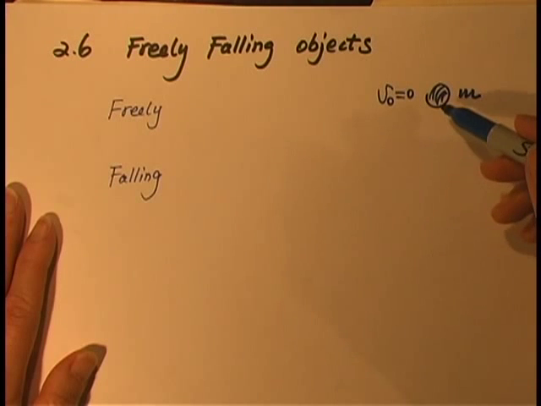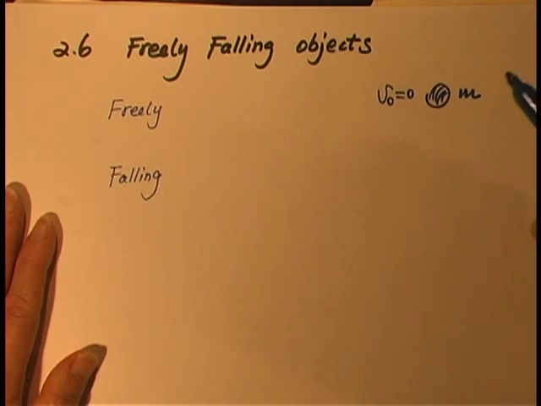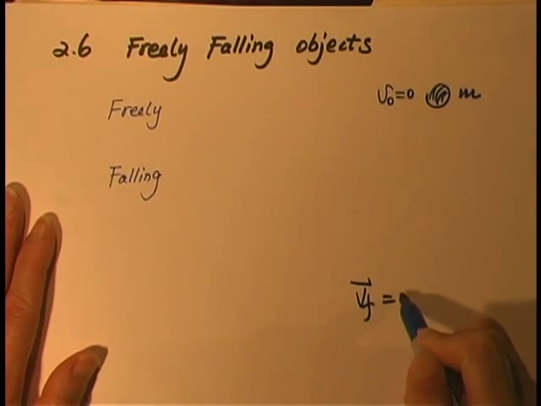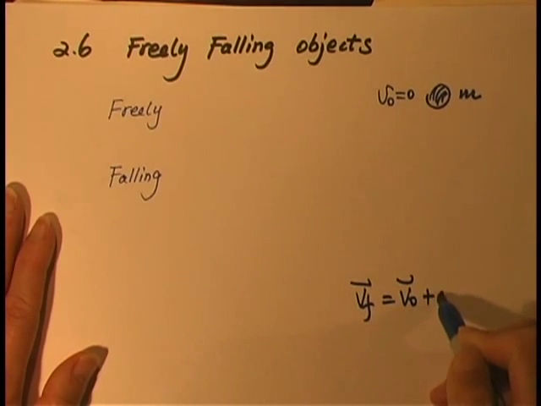What happens is Earth pulls it down. Because Earth pulls down, later you will learn from the motion equation, for example, v final equals v initial plus at.